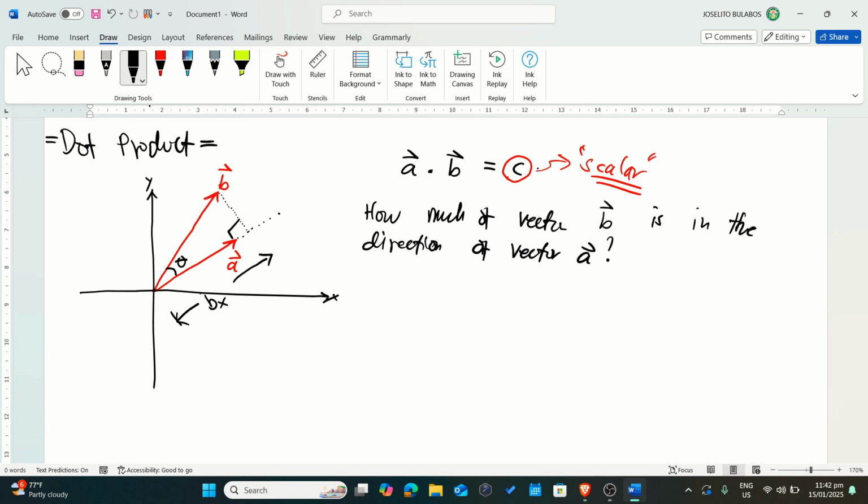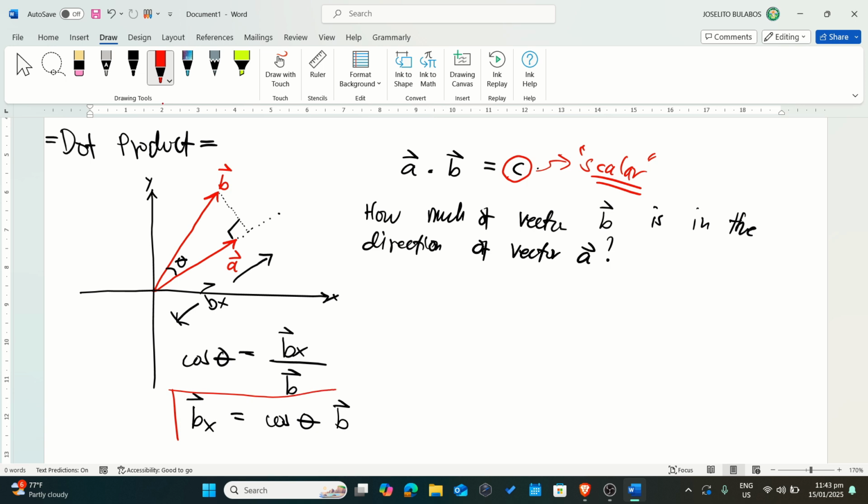Let's say this is Bx, and Bx is along the direction of vector A. Since this is the adjacent side, we can use cosine of the angle: cosine theta equals Bx over B. We end up with Bx equal to B cosine theta. This is the equation we will use in solving for vector B along the direction of vector A.